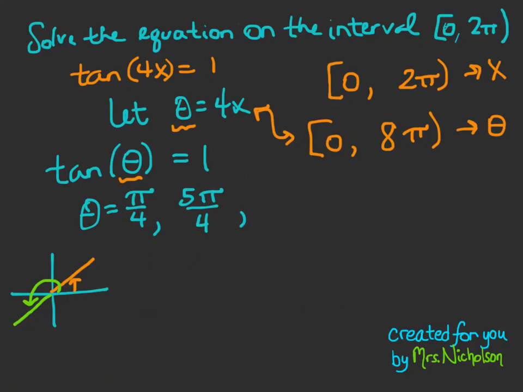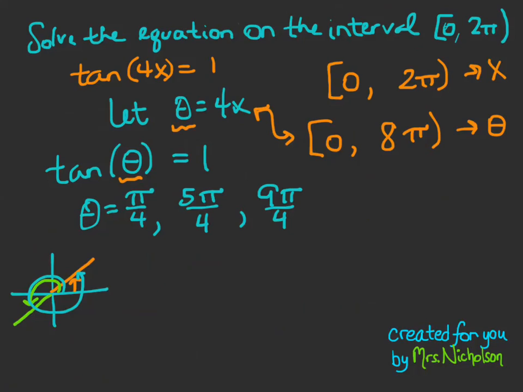Now if I just want between 0 and 8 pi, then let's just start with the pi over 4 angle. That means that I could go all the way around and back to the pi over 4 angle to get a coterminal angle that would be 9 pi over 4. And I get that by adding 2 pi. Pi over 4 plus 2 pi would be 9 pi over 4.